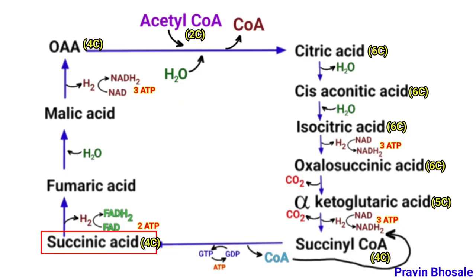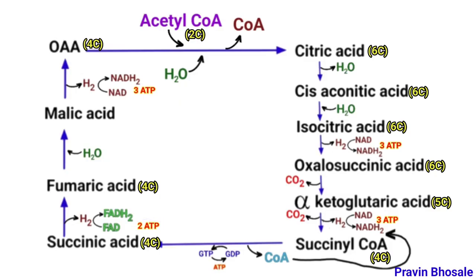Succinic acid gets oxidized to fumaric acid. Here, in oxidation, there is removal of hydrogen. But this hydrogen is accepted by FAD to form FADH2. In this process, 2 ATP molecules are formed.